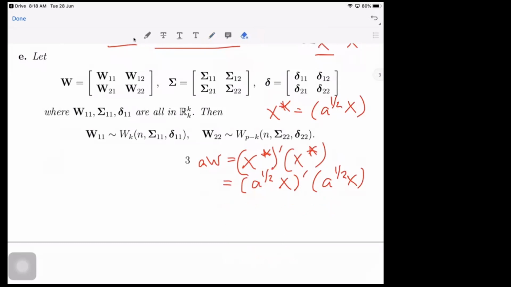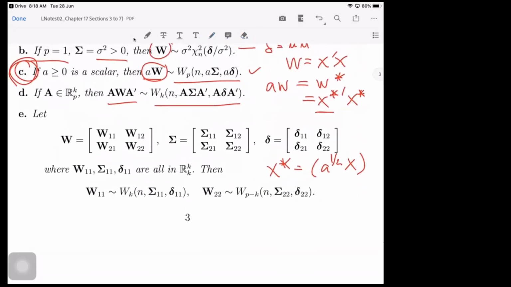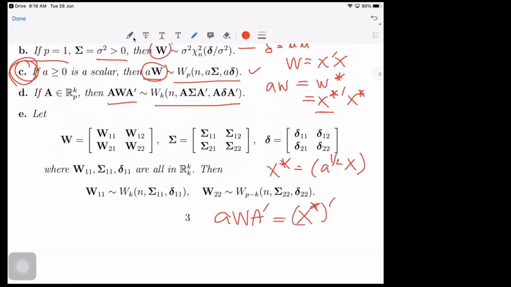And then if we are going to have AWA prime, so what was our x star prime, x star? What was our x star here if we are going to have AWA prime?